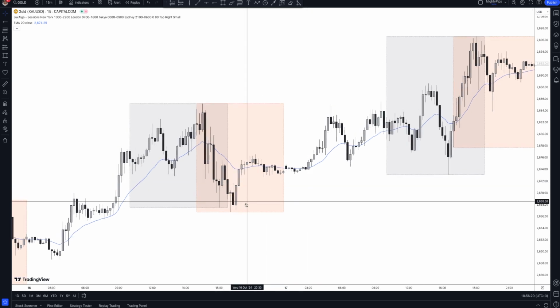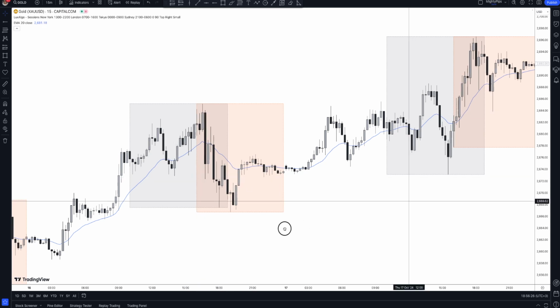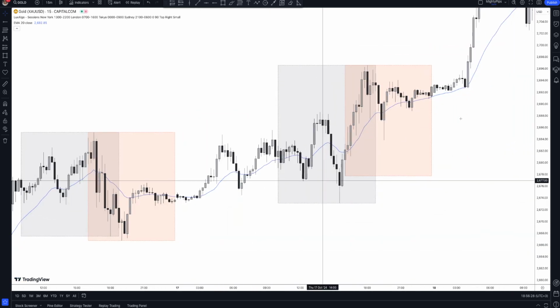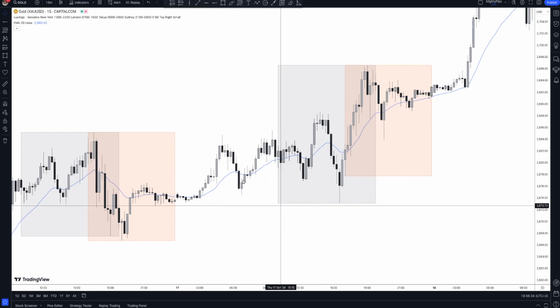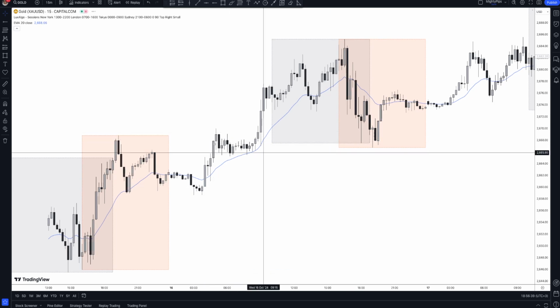So that you can have momentum candles, big candles like this. As you can see, the London and New York sessions produce the biggest candles. The Tokyo or Asia session normally produces a ranging market or small candles, as you can see in between those London and New York sessions.